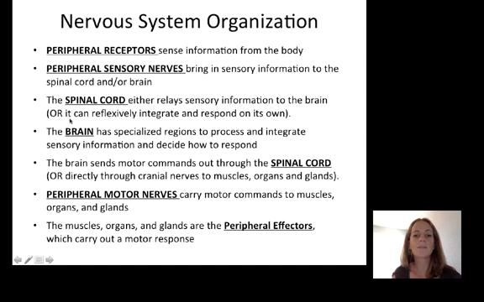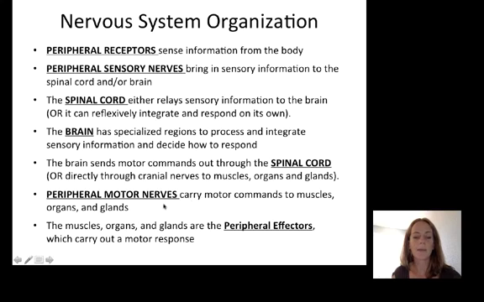The brain will have some specialized regions to process and integrate sensory information and decide how and whether to respond to that sensory information. We will then send out motor commands back down through the spinal cord, or if the brain is acting on its own without the spinal cord, it could directly go through cranial nerves, and then to the muscles, organs, and glands through peripheral motor nerves.